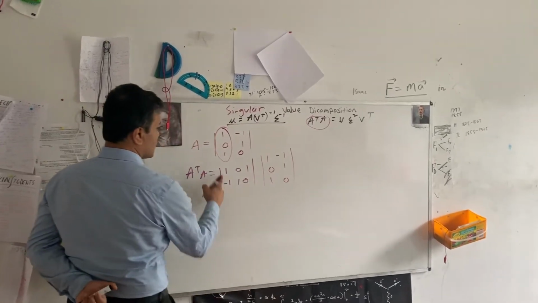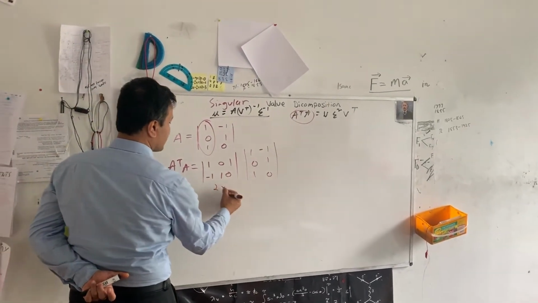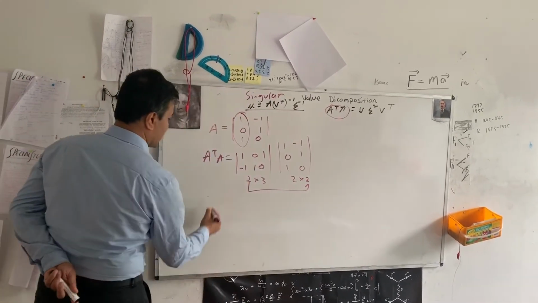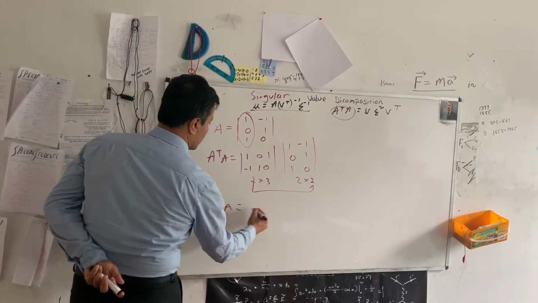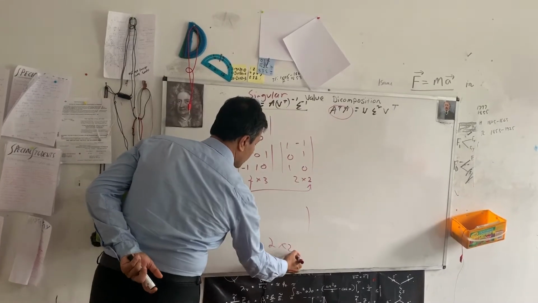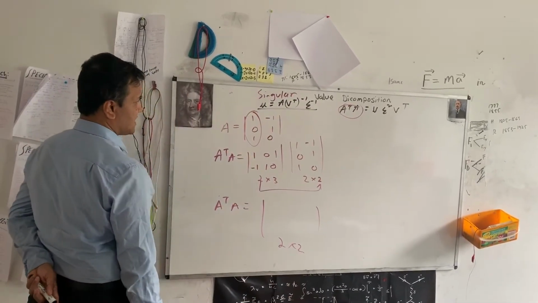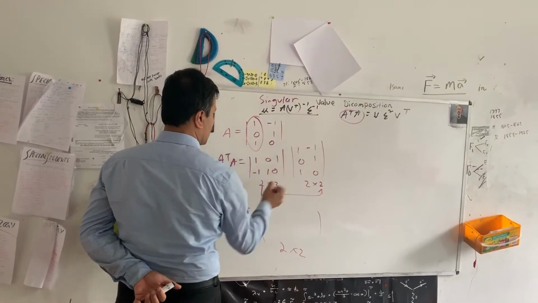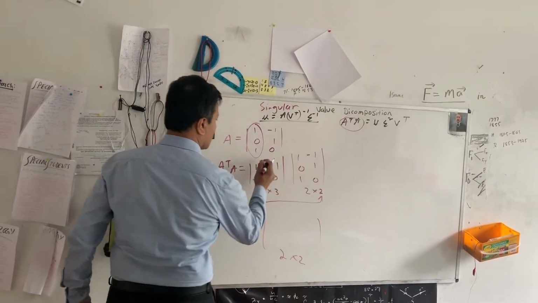So this is 2 by 3 and this is 3 by 2. What I'm looking for is the final 2 by 2 matrix. All right, so let's see how it goes. I have rows and columns.